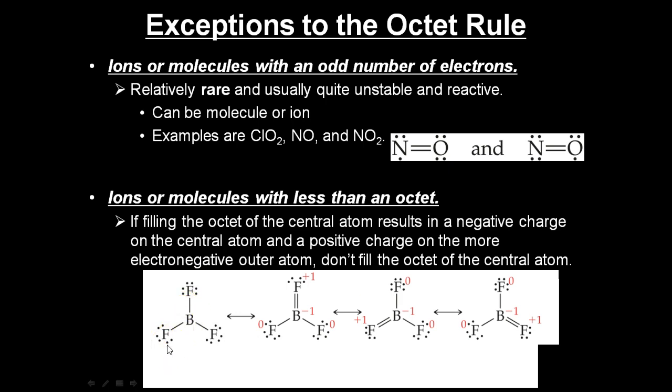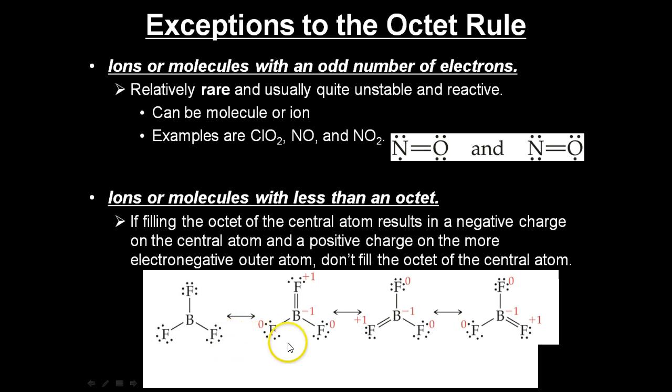These are all boron trifluoride. You see that this Lewis structure does not have an octet for boron in the center. However, the formal charges on all the atoms are 0.